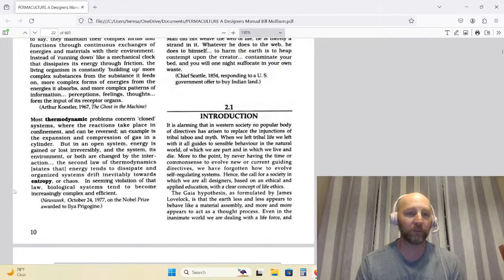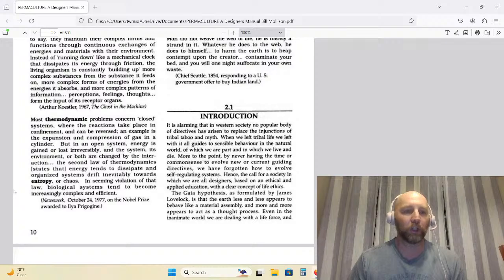And here we get into Bill's writing. Most thermodynamic problems concern closed systems, where the reactions take place in confinement and can be reversed. An example is the expansion and compression of gas in a cylinder. But in an open system, energy is gained or lost irreversibly, and the system, its environment, or both, are changed by the interaction.